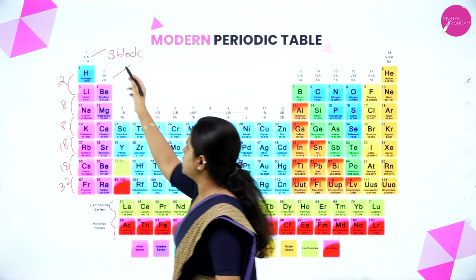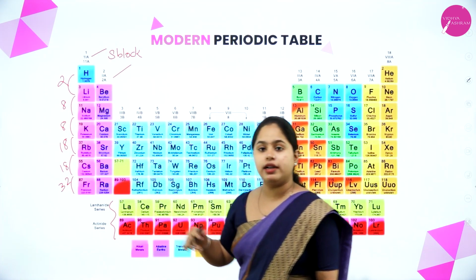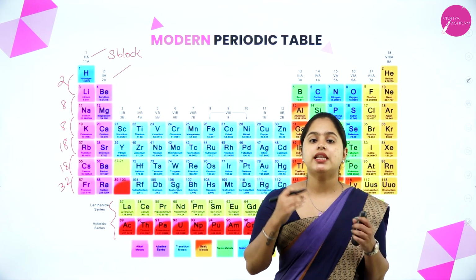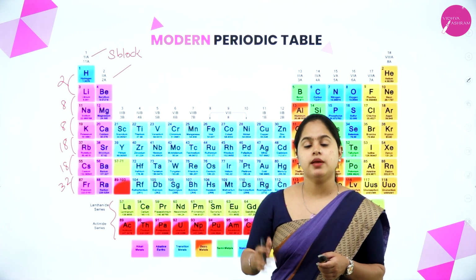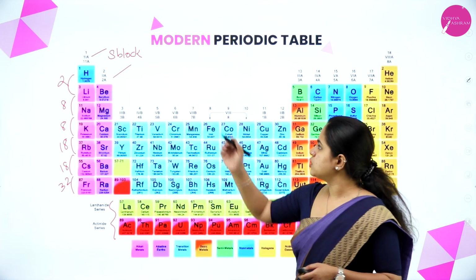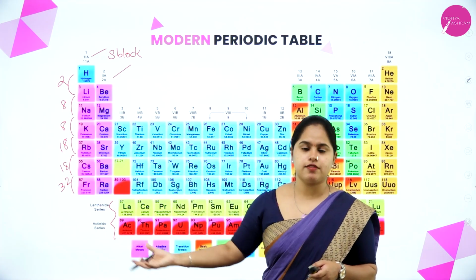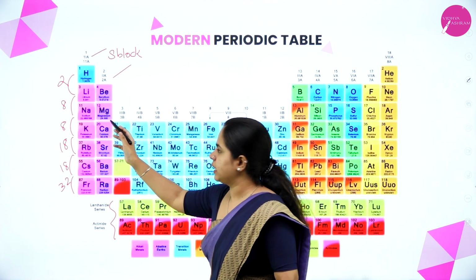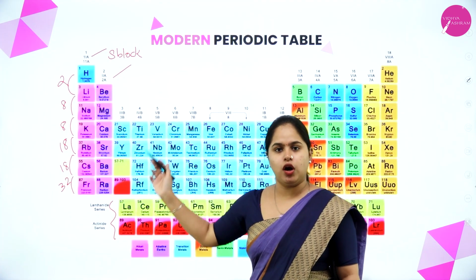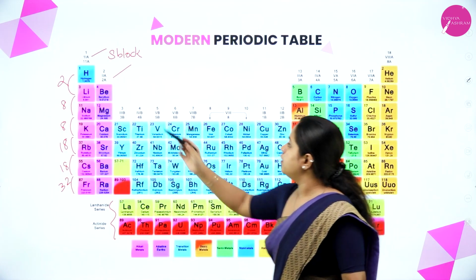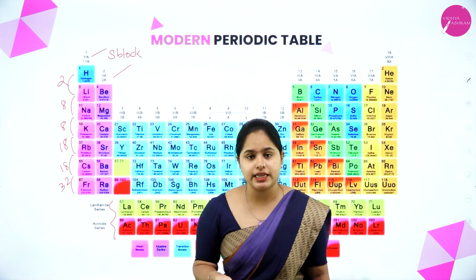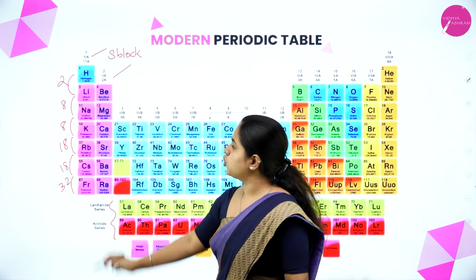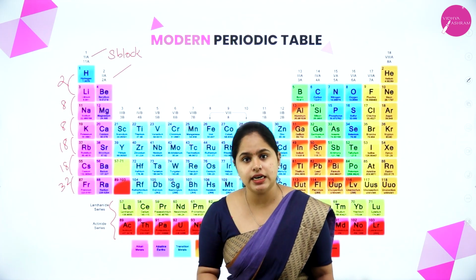The whole of groups 1 and 2 are called S-block elements because the last electron fills into the S orbital. In detail, we will be studying about the different blocks here.